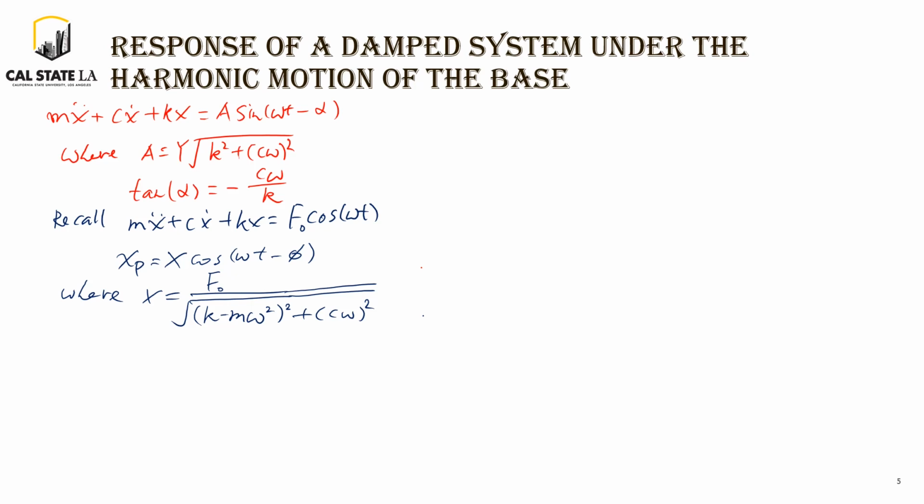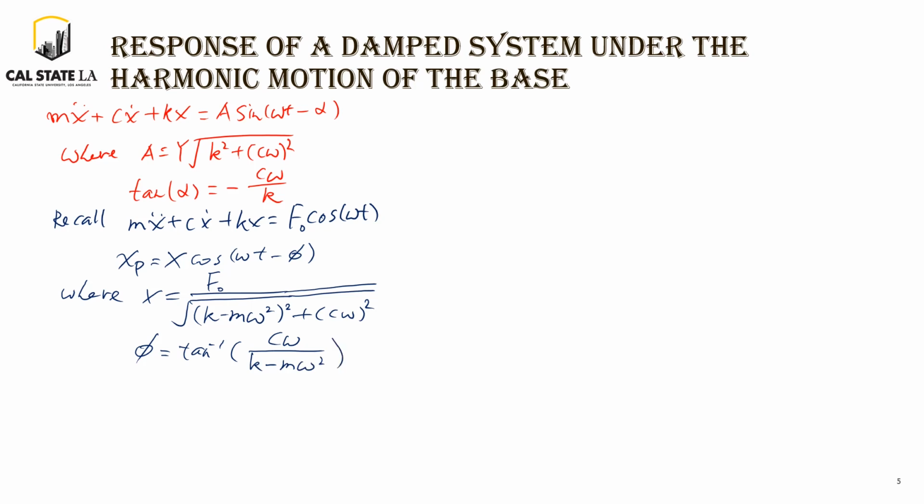The numerator is f0. And the phase angle is equal to the inverse tangent of c omega over k minus m omega squared. So this is what we have from last week.